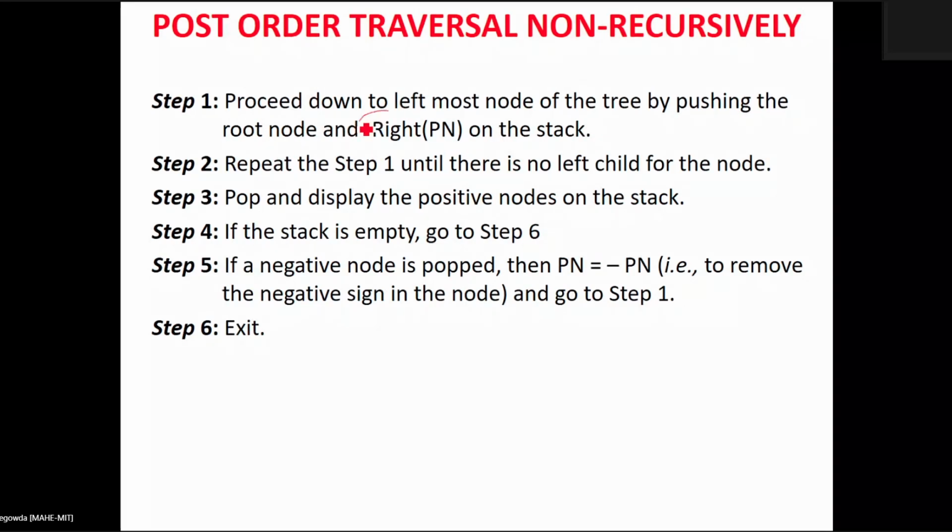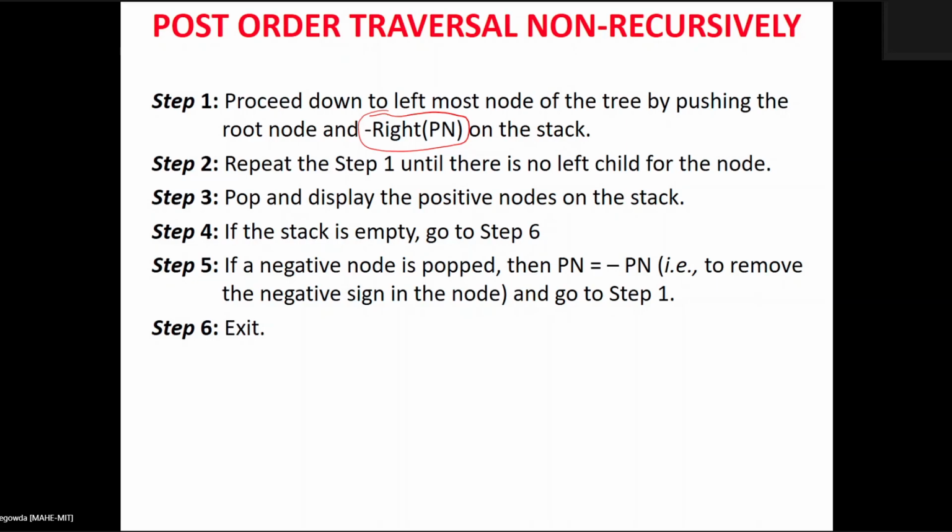If you look at this, a flag with a negative value, we are going to push that onto the stack along with the address of the right subtree here, because when you put a certain value onto the stack, later we will not come to know whether it is the address of the right subtree or the address of the left subtree. In order to differentiate that, we are going to negate the address of the right subtree and push it onto the stack.